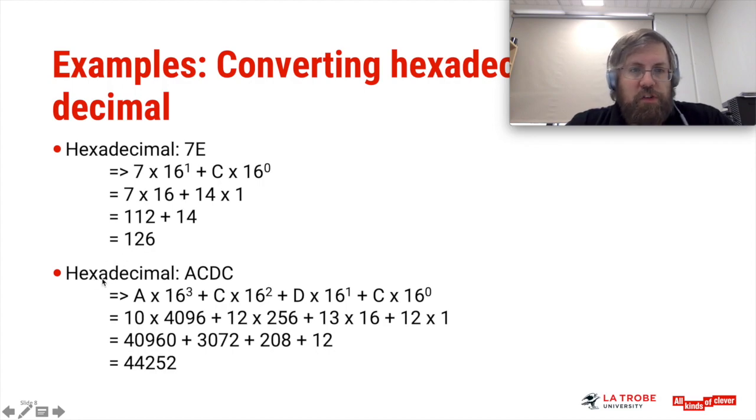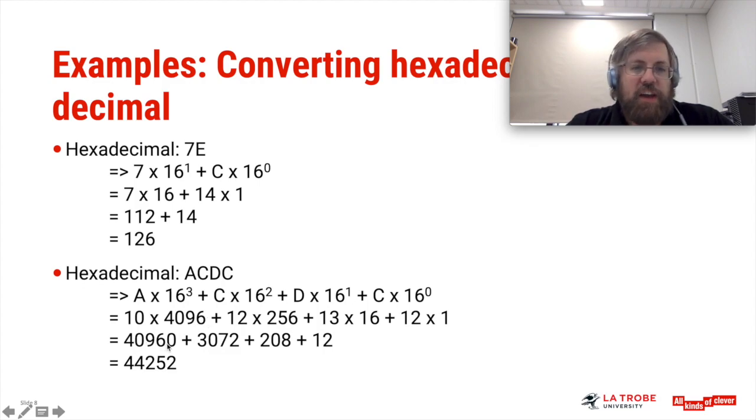You can also have the hexadecimal value ACDC, a little AC/DC. We have C times 16 to the 0, D times 16 to the 1, C times 16 to the 2, A times 16 to the 3. That's 12 times 1, plus 13 times 16, plus 12 times 256, plus 10 times 4,096.